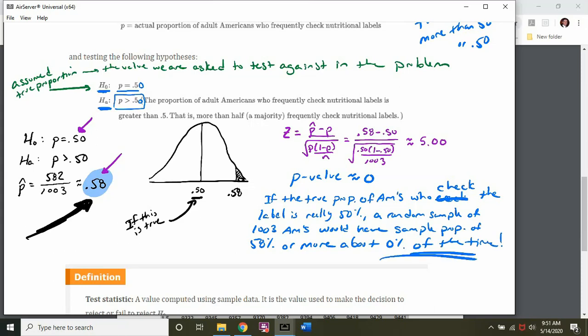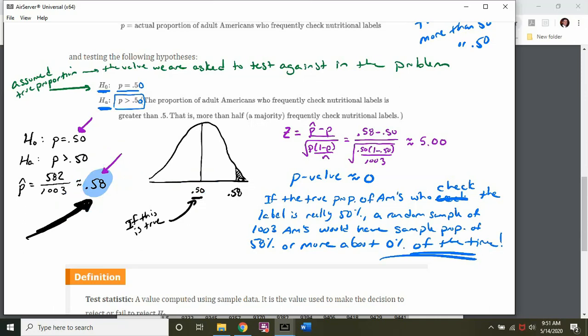What does that mean? It just means it's incredibly unlikely to have happened. If this is true, we would almost never get a value like that or further away. And so this is the whole idea about accepting or rejecting the null hypothesis at this point.